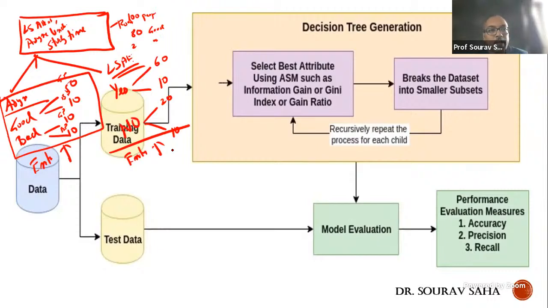Whatever the entropy was at the root, if I subtract the entropy of, say, the async content split from the root entropy, and if the entropy value here was very low, this reduction in impurity, or the information gain, is the highest here.